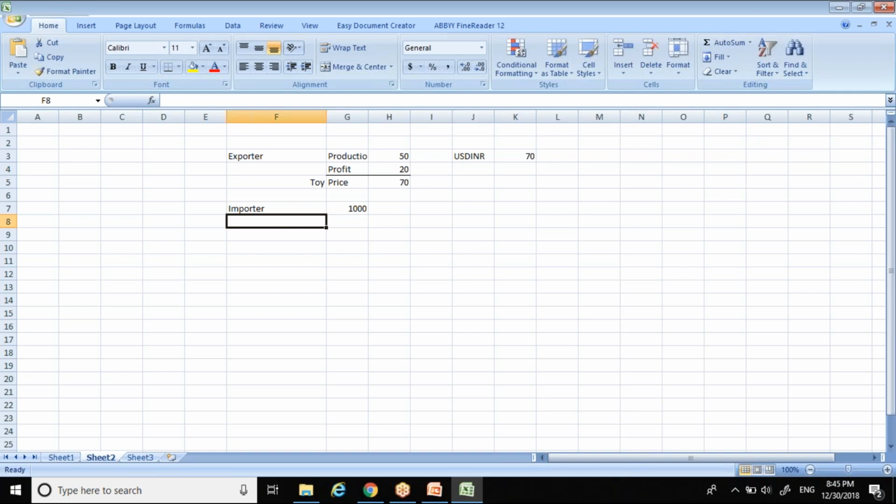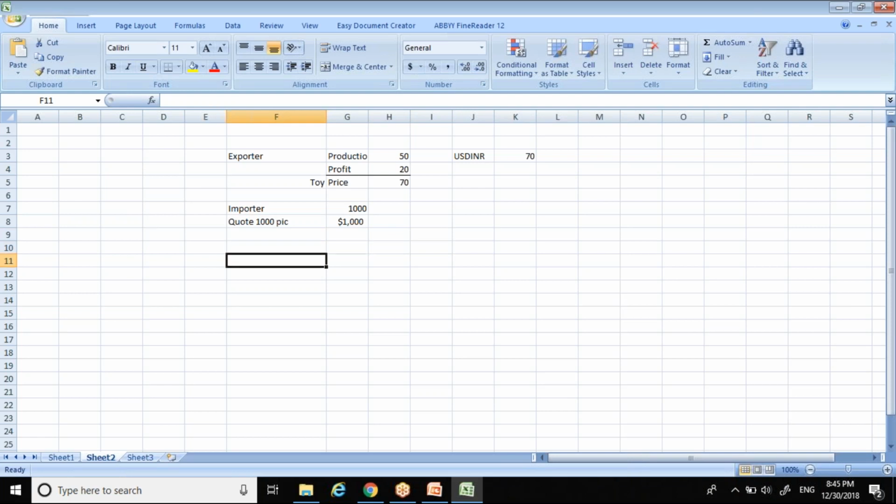Obviously the quote for 1,000 pieces will be $1,000.